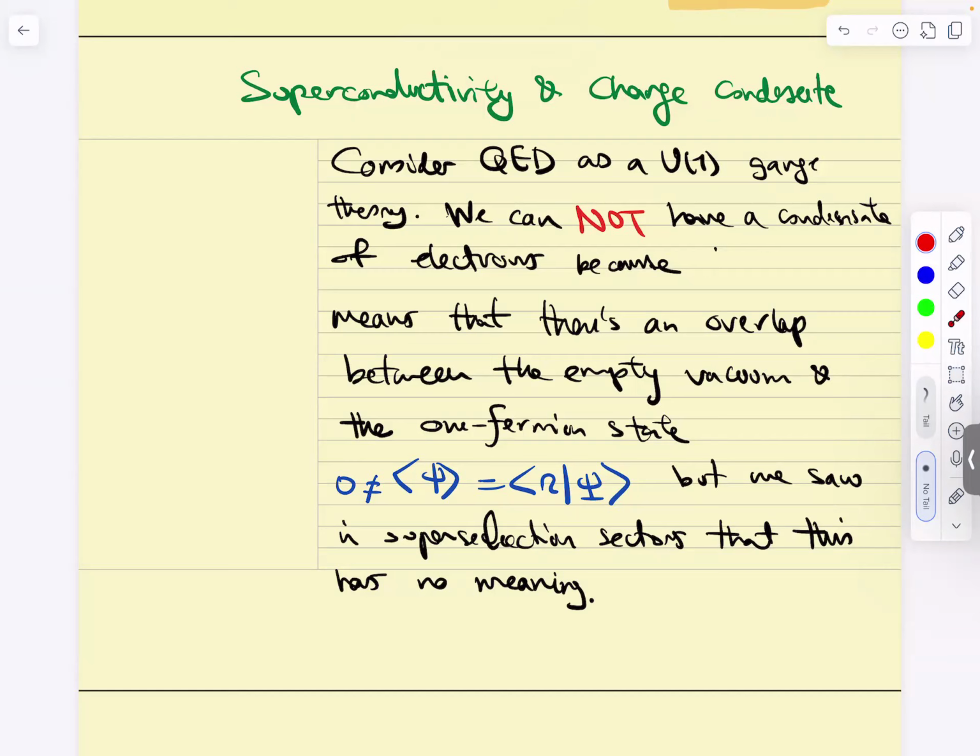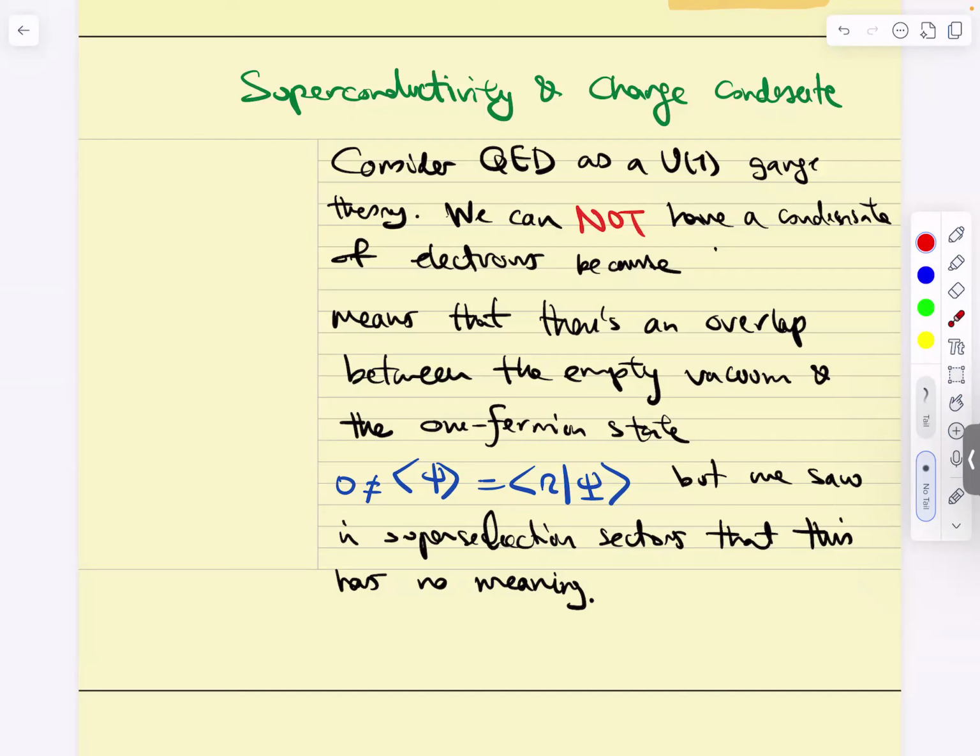The answer is no, because of the last two lectures. We discussed this. If you have a non-zero VEV for a spinor, it means you could interpret this as an overlap of a one-spinor mode with the vacuum. We said that's nonsense.